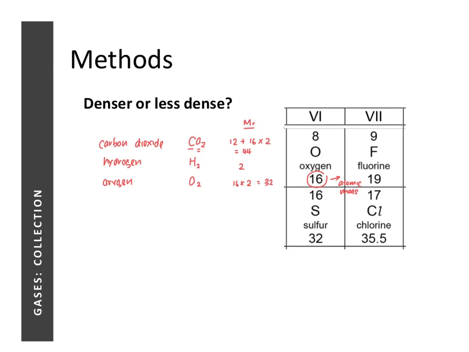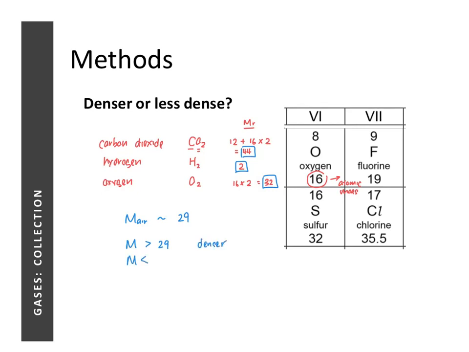So from here, how do we know whether it's denser or less dense than air? We compare the relative mass of the gases with the mass of air. The mass of air is roughly 29. So if the mass of the gas is greater than 29, then the gas is denser than air.